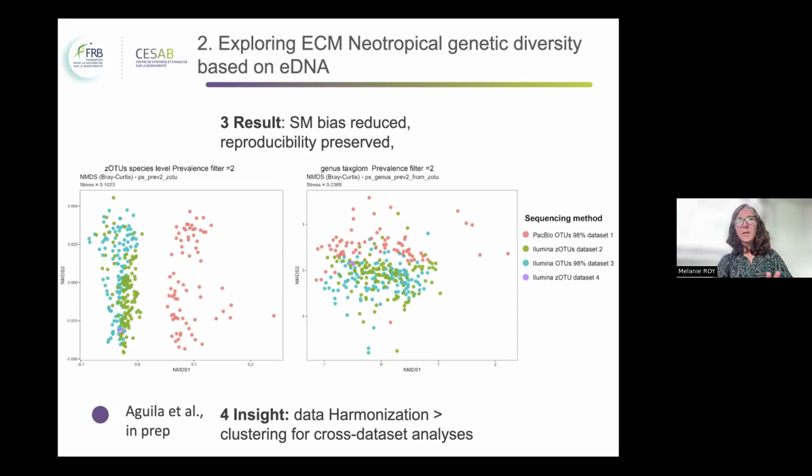But when we play with this new pipeline, we try to overlap at least at the genus level, and we see that then we could compare the different datasets. So we are still in the dataset harmonization, but it should be submitted soon.